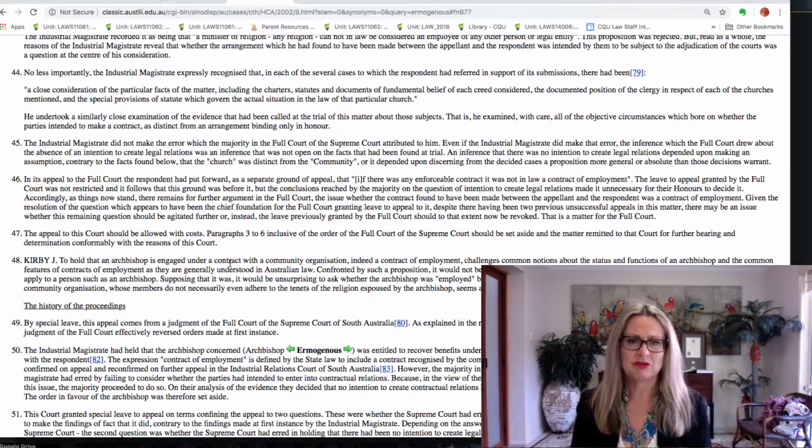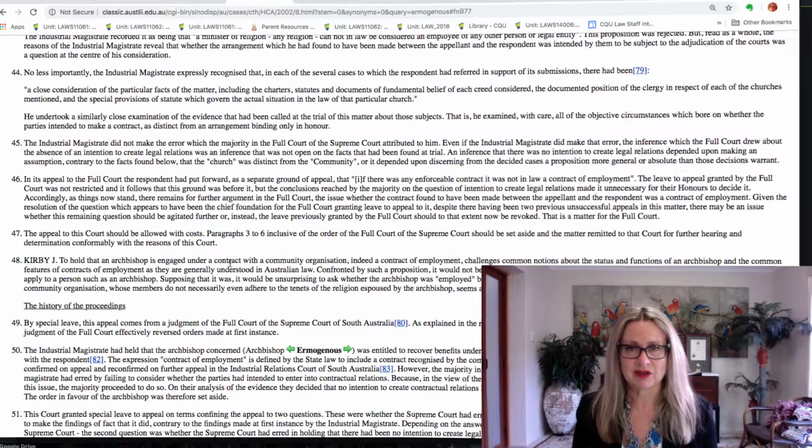And they say, well, this thing has already been through so many levels of appeal. Given that we have now just unpicked the very basis for which the full court of the South Australian Supreme Court granted leave to appeal, is it really worth going back and rehearing this matter all over again at that level, the full court of the SA Supreme Court, or do we leave it as is? It's going to have to go back down to the full court of the SA Supreme Court for determination of that issue, but this is what we think is the case.